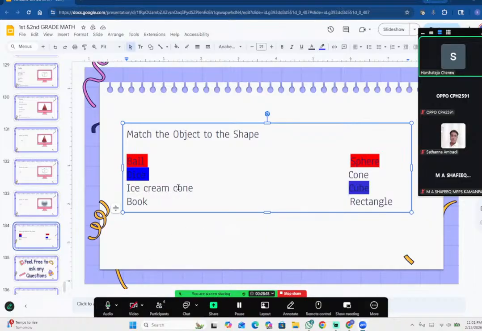Okay, an ice cream cone. It has one point and the cross section looks like a triangle. If we have to choose between cone and rectangle, it would fit with cone.